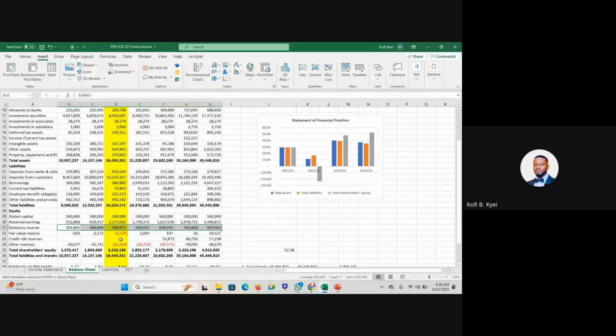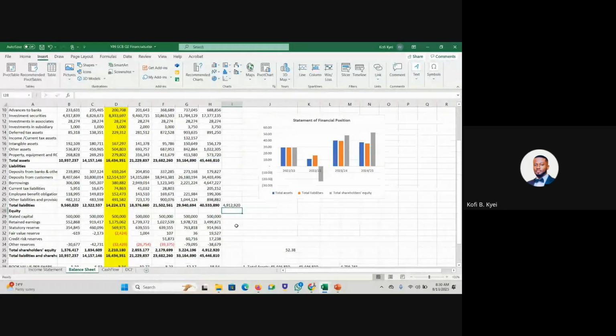All these indicators show that the bank is a strong institution. Shareholders' equity is what belongs to shareholders after the assets and liabilities have been netted off. So if you take total assets minus total liabilities, what we get should be what is left for shareholders.